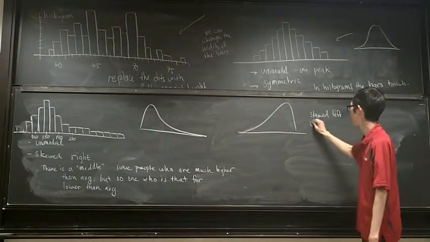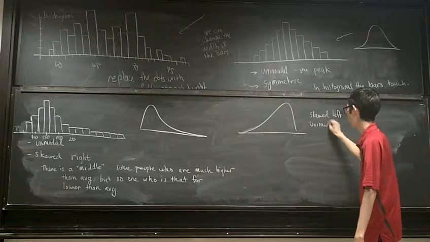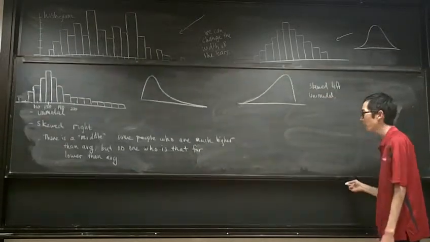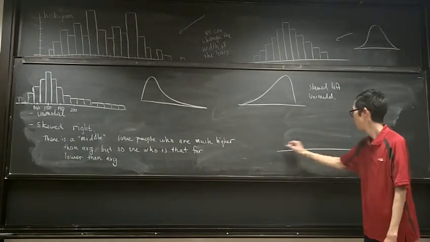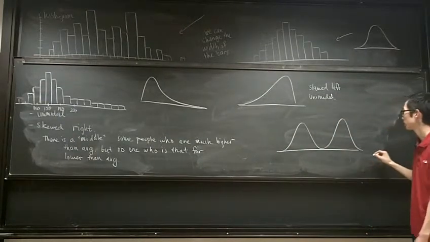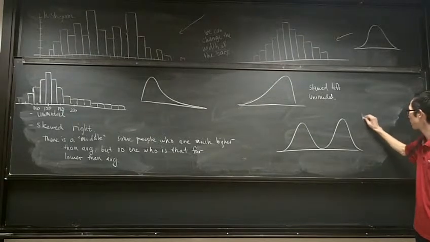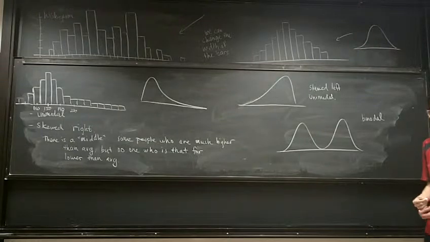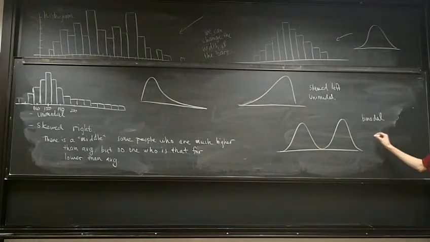Okay, unimodal. Sometimes we have more than one peak. All right. This is called bimodal. This might be testosterone levels in people.